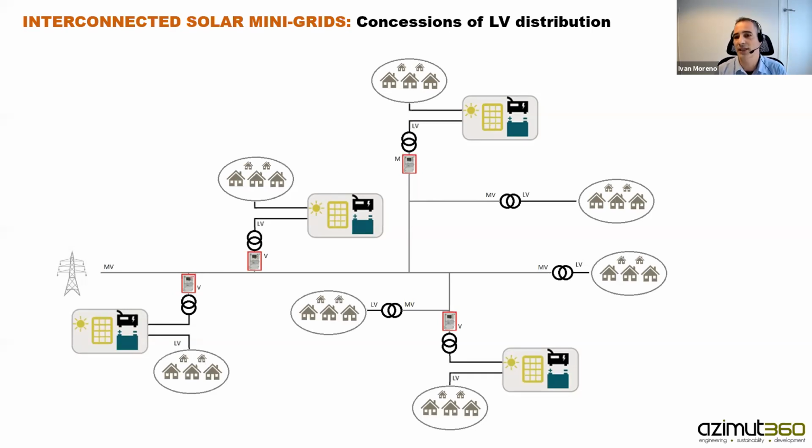In this scheme, we can see that if net metering is possible, the surplus could be shared with other communities. Here we can see there are two communities that don't have PV resources.